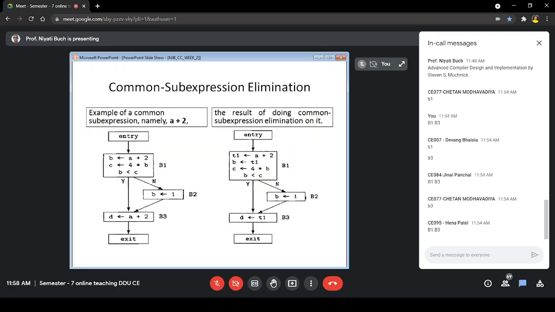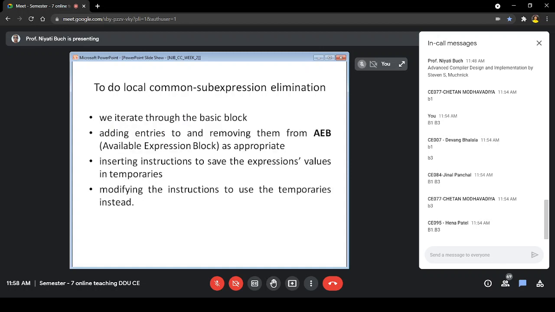As you can see over here, we identified that a plus 2 is a common expression. So we stored it into a temporary by generating a temporary and storing the answer. That is what we do. And for that, we also have to add an instruction into our three address code for the temporary. Then we have to modify the instructions to use the temporaries instead.